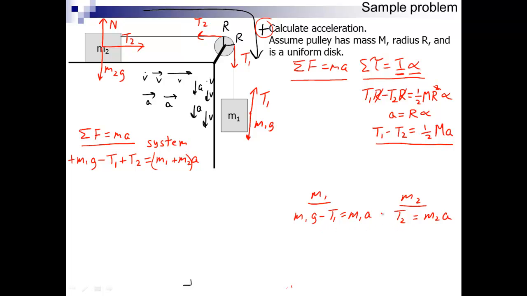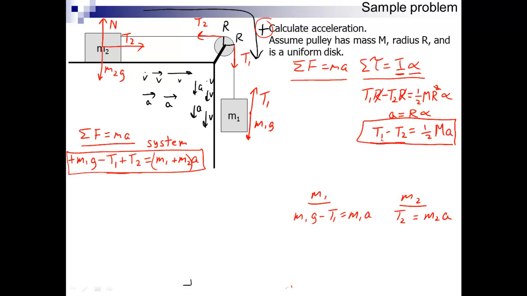Now, if I combine the system equation with the torque equation, I notice that I've got something very similar here with the negative T1 plus T2 and the T1 minus T2 there.